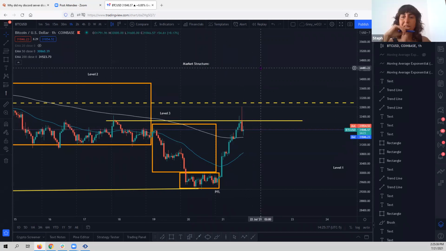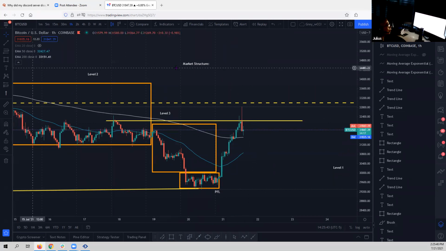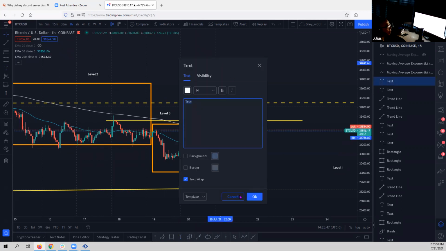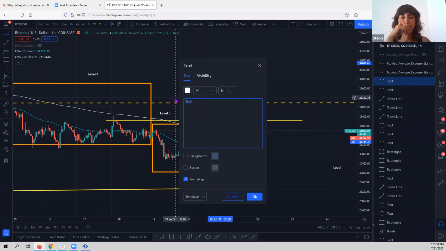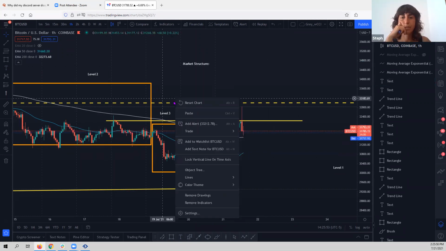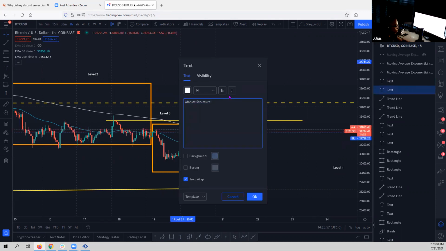Oh, because I think that candle shows that we're being rejected. Correct. At this potential BMS. Yes, that's number one. Okay, so rejection on the BMS, correct?